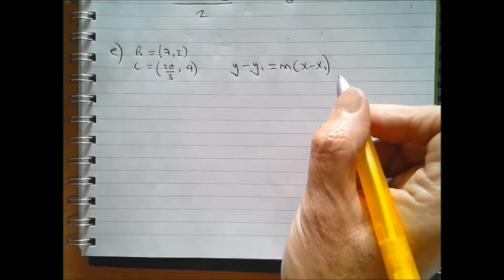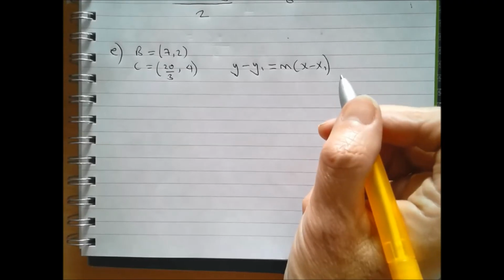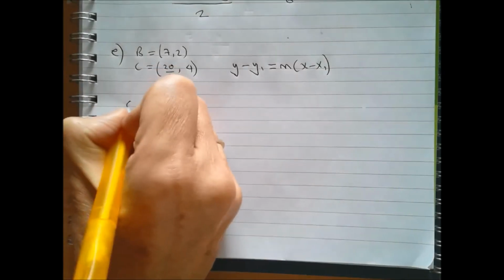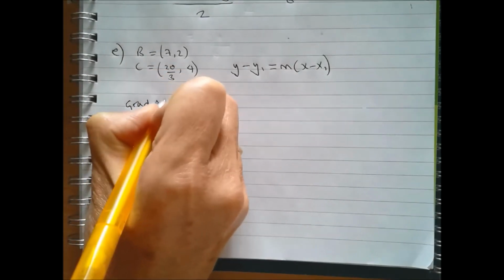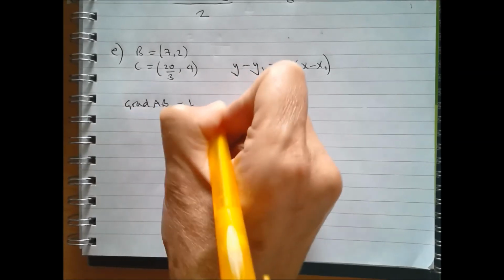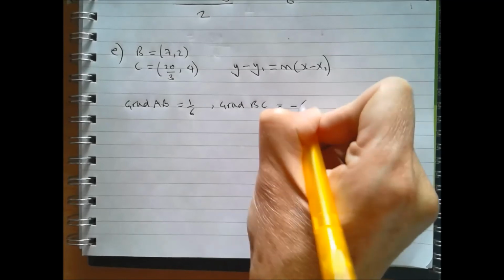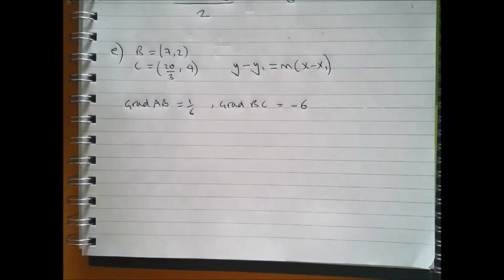Now I know that the gradient of BC, I knew that earlier on in the question, was a perpendicular gradient to the gradient of AB. Now the gradient of AB was equal to a sixth, so the gradient of BC must be equal to minus 6, being as though those two lines are perpendicular.